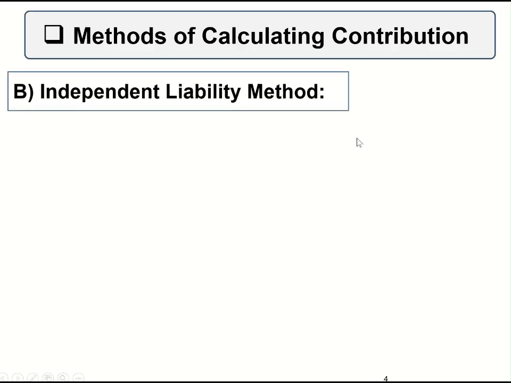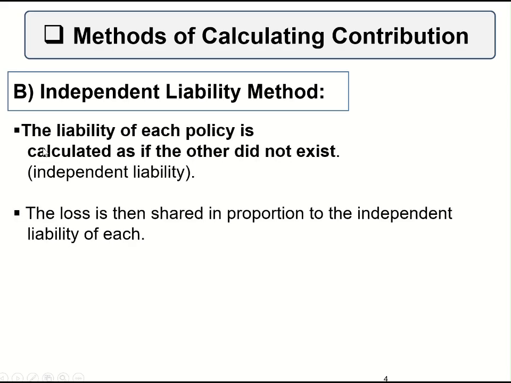Next. Now, most policies will not be simple like that, so we'll need the independent liability method. We'll explain this method first, and then I'll tell you when we have to use it. The liability of each policy under different policies or different companies will be calculated as if the other did not exist.